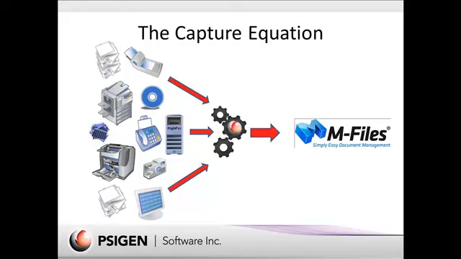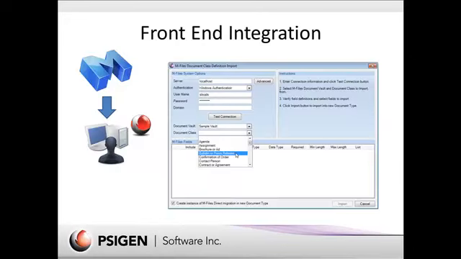Maybe you have a RightFax server and you want to archive your faxes into the M-Files repository as searchable PDFs. Maybe you have digital photographs you want to process, a production scanner, or maybe you just want to enable a hot folder where you can drop any image file in and have it auto-processed. We can process it, extract data, and post to the M-Files repository.